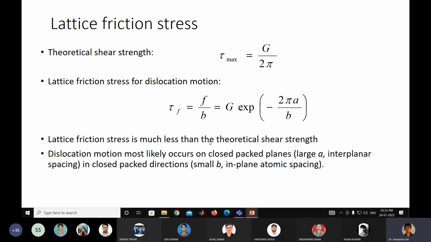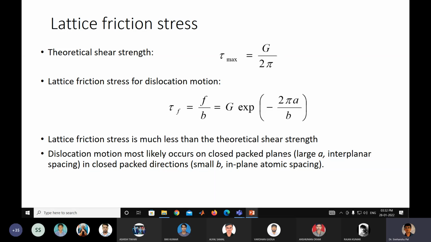Now, why is the lattice frictional stress much less than the theoretical shear strength? Why is it so? The theoretical shear strength represents the perfect crystal, how the bonds act, and how that creates a scenario when an external force or external stress is applied, which can be resolved into a shear component and plane.